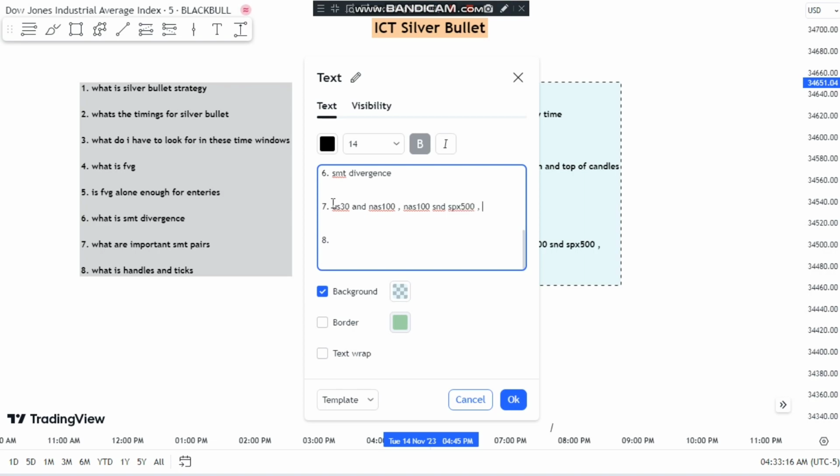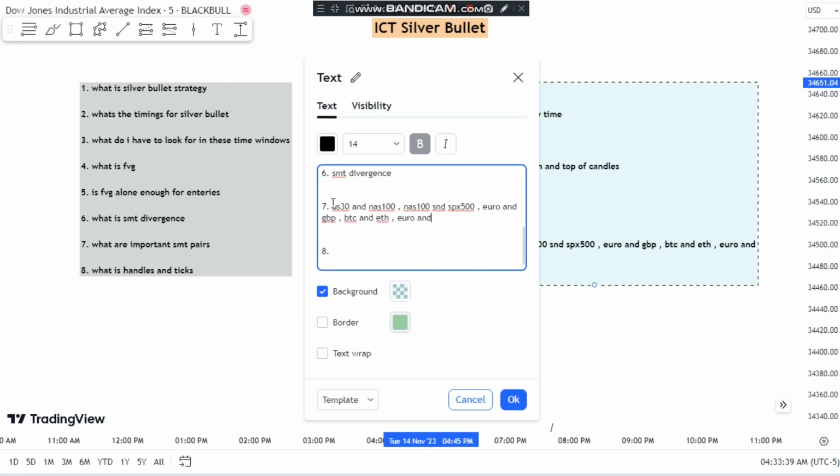Now in forex you have got euro and GBP. These are also correlated pairs. If the price of GBP goes up, euro also goes up. In crypto there is Bitcoin and Ethereum. Now there is an inverse relation also, like there is an inverse relation between euro and DXY.